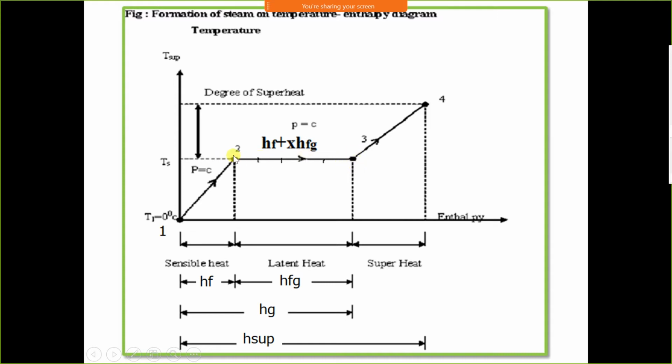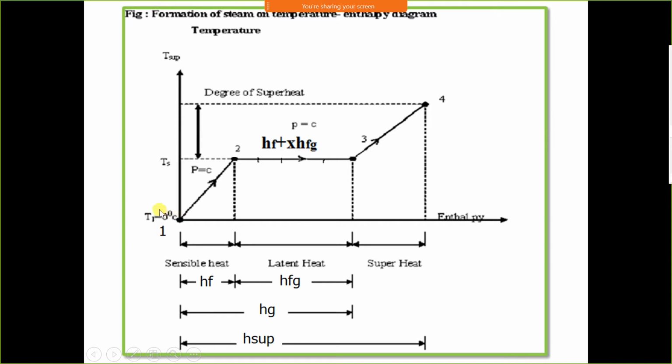It means at saturation temperature, phase change takes place. Saturation temperature of ice is 0 degree Celsius. Means water can be converted into ice and ice can be converted into water at 0 degree Celsius for atmospheric pressure. When the pressure is atmospheric, that is 1 atmosphere. 1 atmosphere means 1.01325 bar.